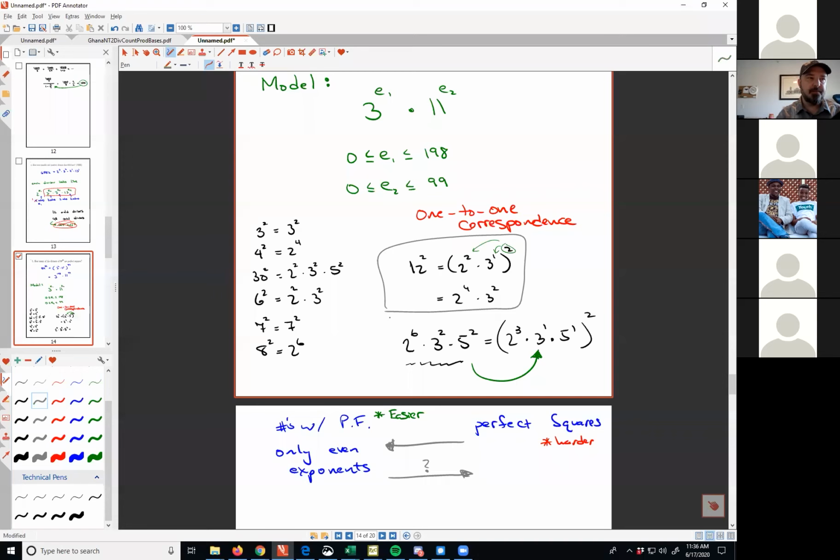Right here, what we showed was if we took a prime factorization and squared it, we were multiplying an even number into each exponent. We were multiplying 2 into each exponent, creating the necessity that each exponent was an even number when we were done. Can you go backward with that process?